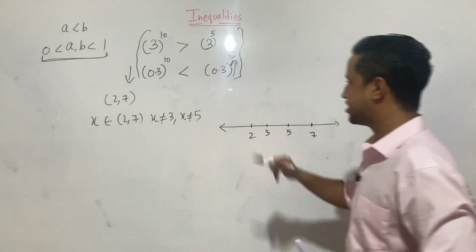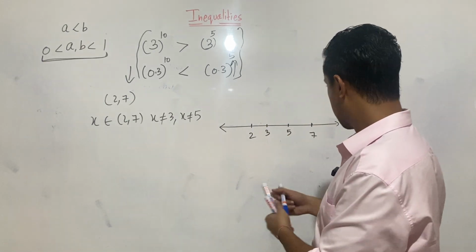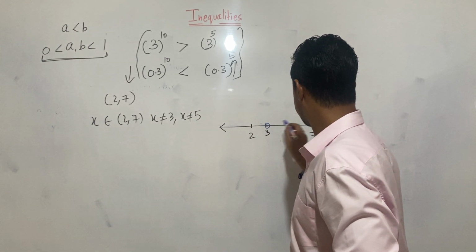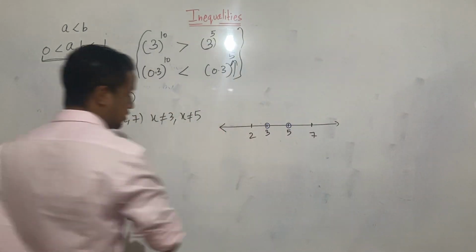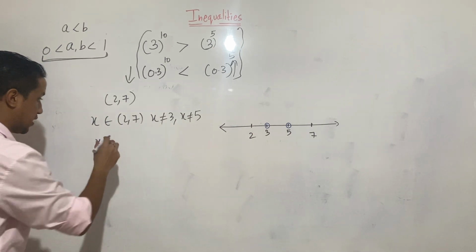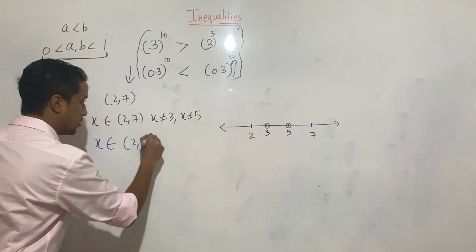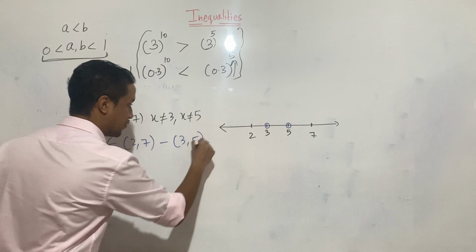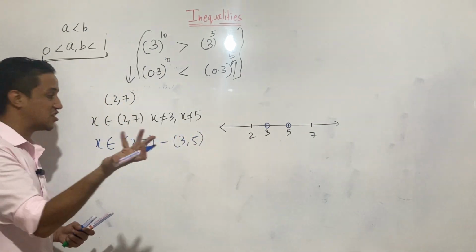I don't have to take these values. So here, 3 and 5. In that case, I cannot write it like this. Most of you may be thinking that we can go with this: x belongs to 2 to 7 minus 3 to 5. Now, this is not the right way. This thing doesn't make any sense.